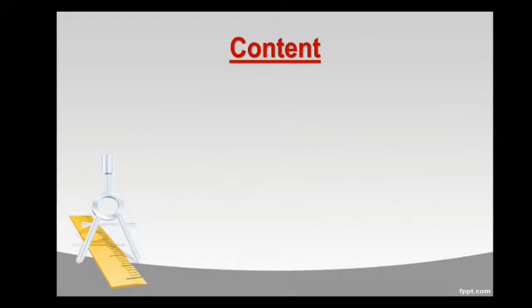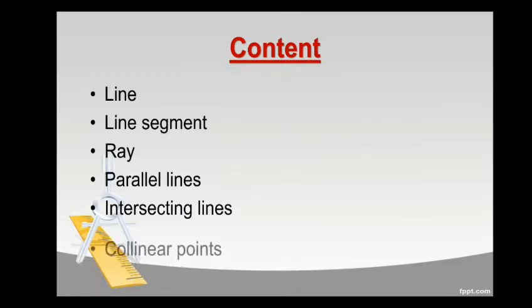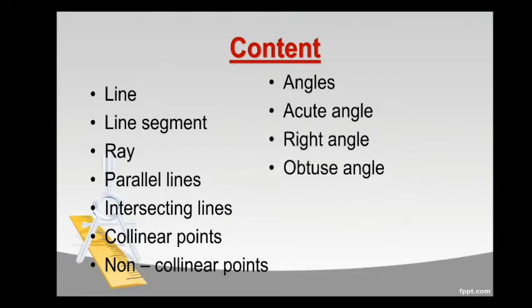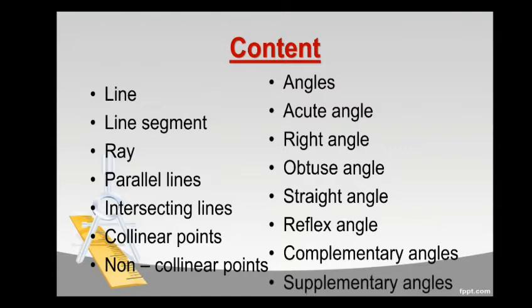So we are going to recall what is a line, what is meant by line segment, what is a ray, when we can call two lines are parallel, and what are intersecting lines, when can we say 3 points are collinear, and when we can say those 3 points are non-collinear, and we are going to recall about angles, what is acute angle, right angle, obtuse angle, straight angle, reflex angle, and complementary angles and supplementary angles.